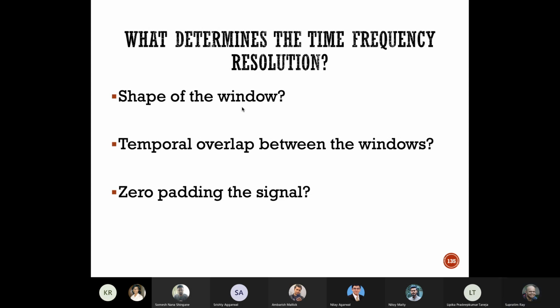Before I get to that, I will just put multi-taper method and wavelet transform, which I will cover very briefly in this course, in the same time frequency tiling, filter bank interpretation.